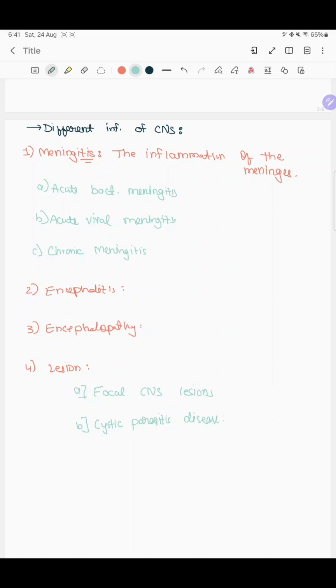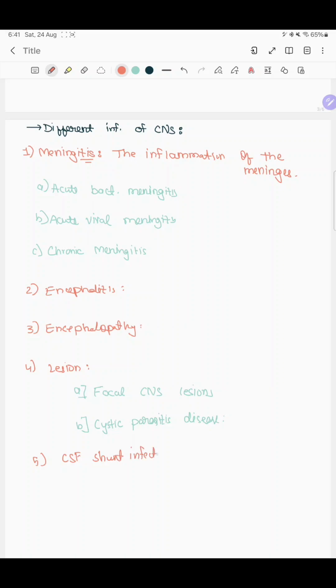In focal CNS lesions, they include brain abscesses, subdural empyema, or epidural abscesses. In cystic parasitic diseases, they include neurocysticercosis or cystic echinococcosis.